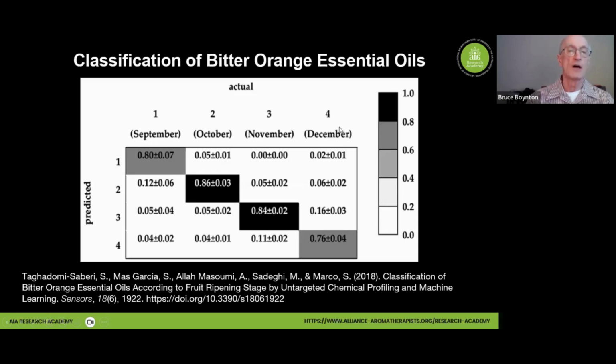So this is 4 by 4, so that's 16 squares. And again, this diagonal is all the correct answers. Now, they don't have the observations in counting form, like simple numbers. They put it in percent. But if you look at this, 80%, 86%, 84%, 76%, and you look at these, nothing was wrong here, and very small amounts in most of the other boxes. So this is a pretty good test.